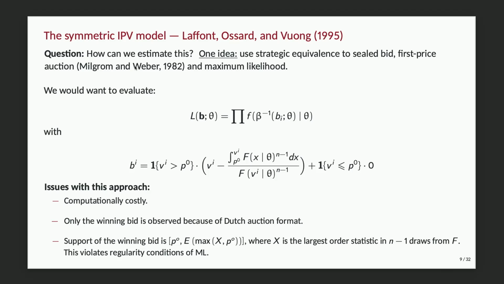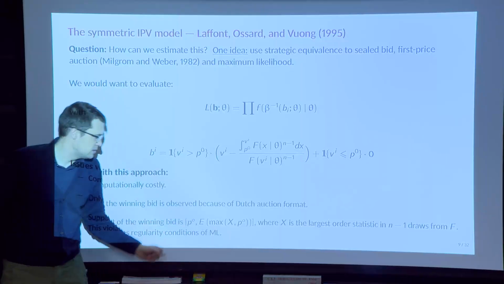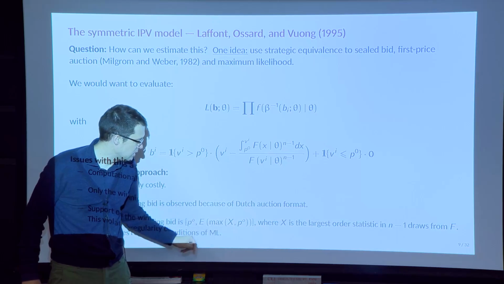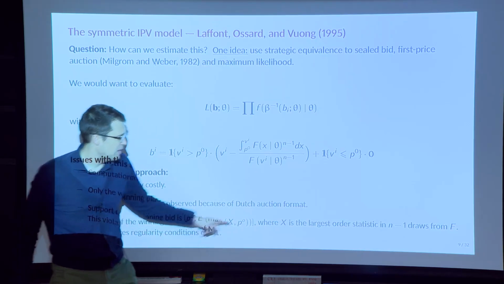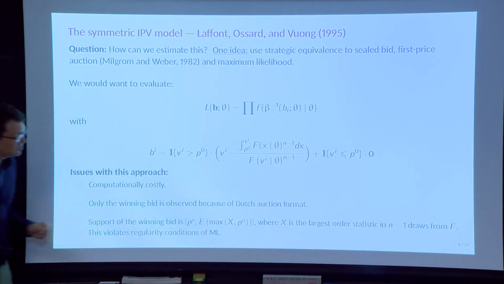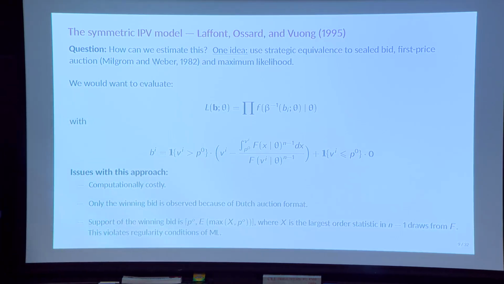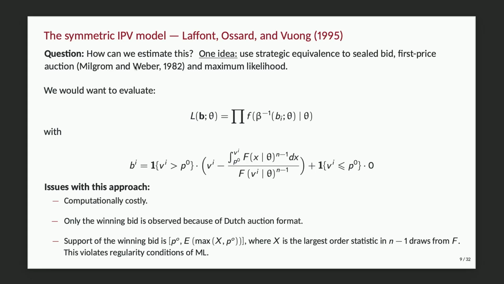But there's an extra, more fundamental problem: the support of the distribution of the winning bid depends on the parameters, and in particular on the max of the largest out of n-1 draws from the distribution of valuations and the reserve price, and that violates the regularity conditions of maximum likelihood.